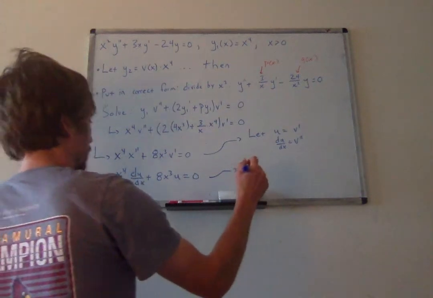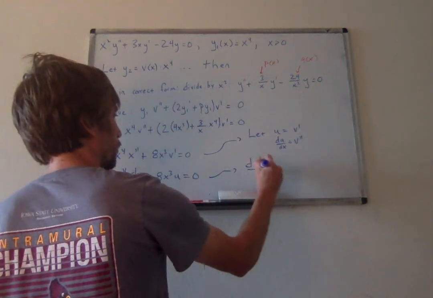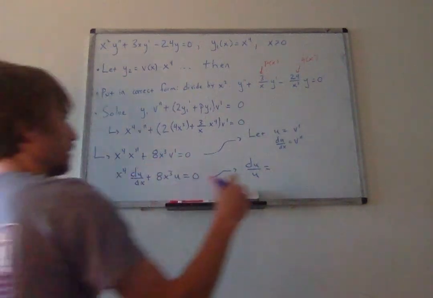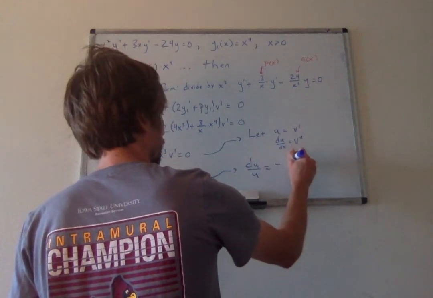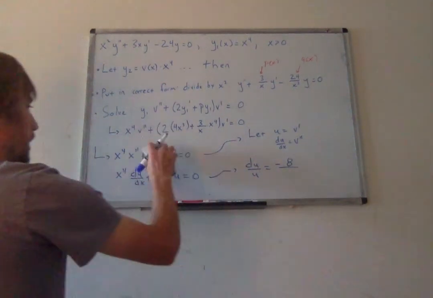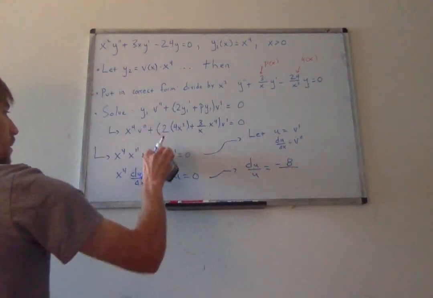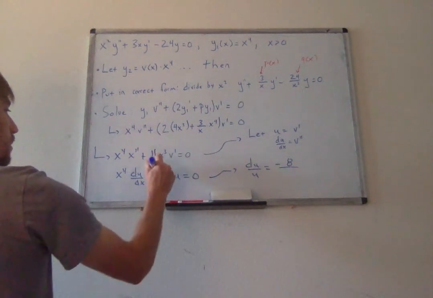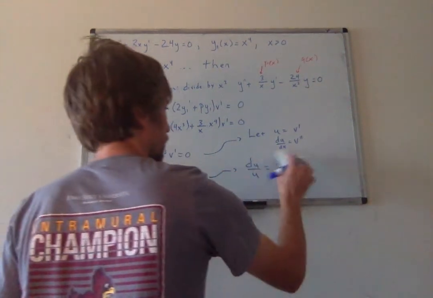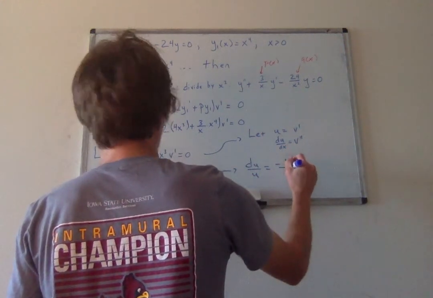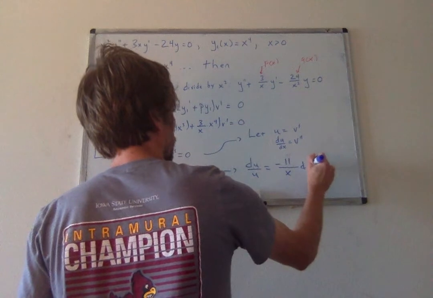You get du over u, move this over to the other side, divide by x to the fourth, is equal to negative, sorry, this should be 11, not 8. 8 plus 3 is 11. Negative 11 over x dx.